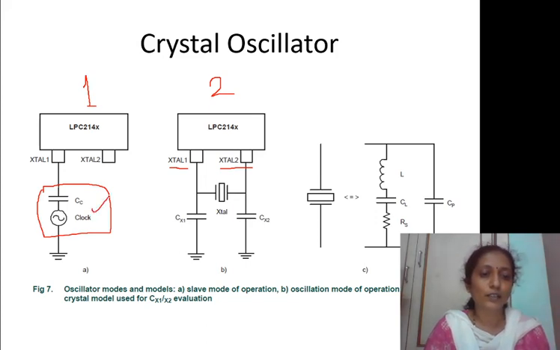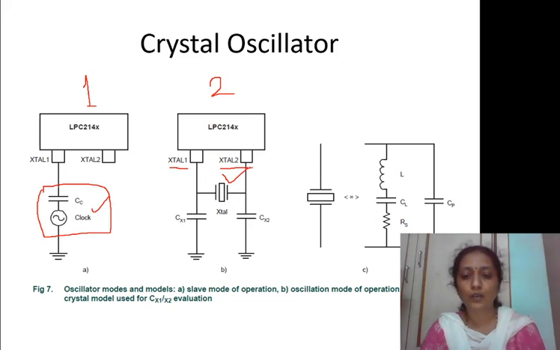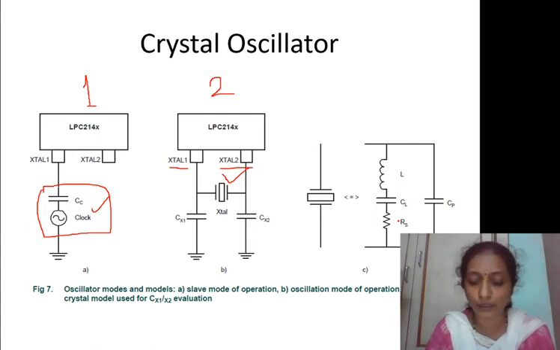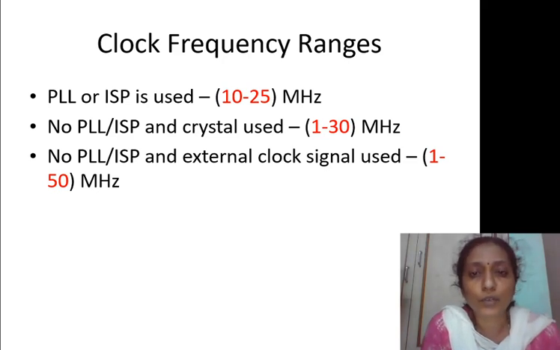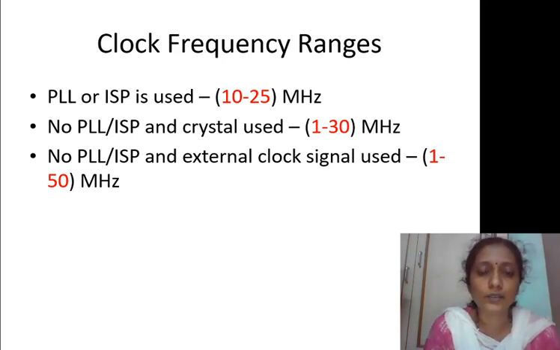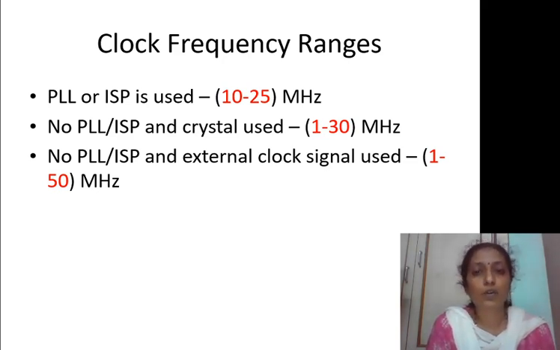Here the crystal will decide the frequency. And the third one is the equivalent circuit of the crystal shown here. This is just given for your information. Then before going to the details of this, let us see what clock frequency ranges are available.